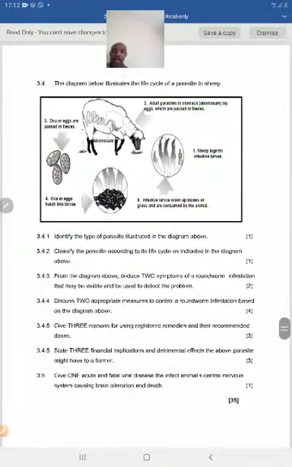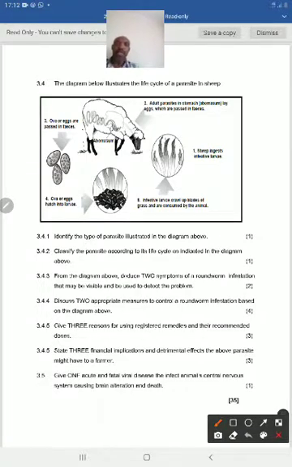I think this one is about diseases. Ne? The diagram below illustrates the life cycle of a parasite in sheep. Okay, we can see that this is an internal parasite, and we can see there. All right, identify the type of a parasite illustrated in the diagram. A type, we can see that this is an internal parasite.